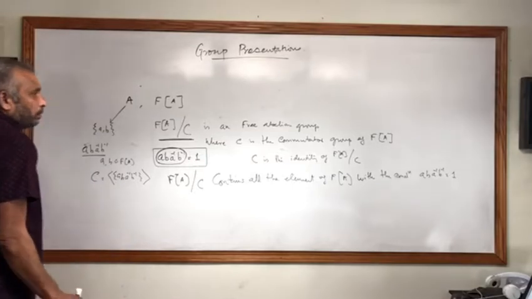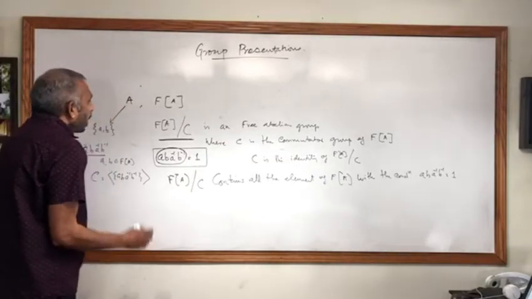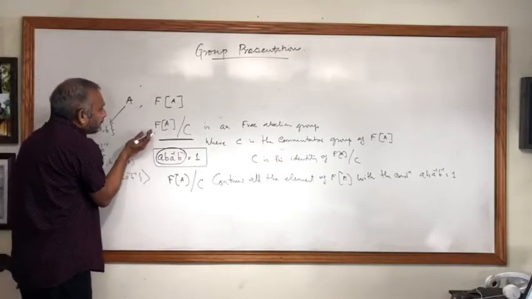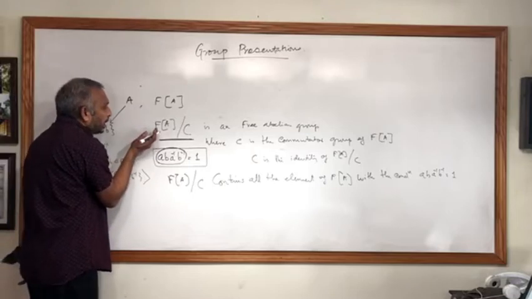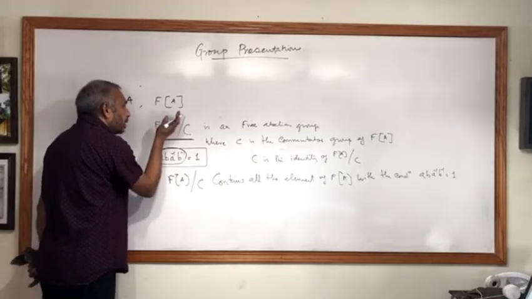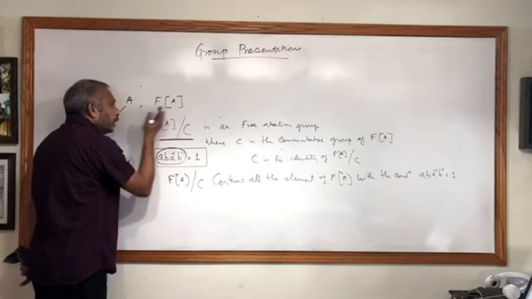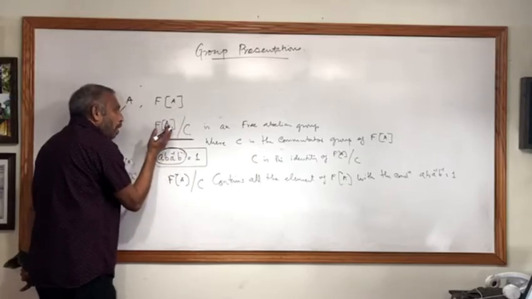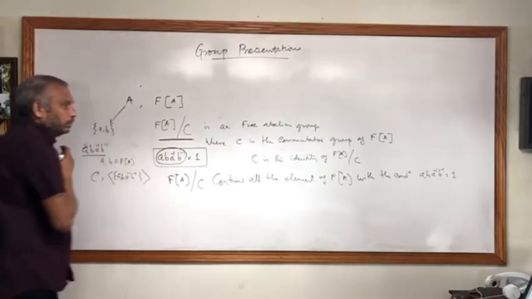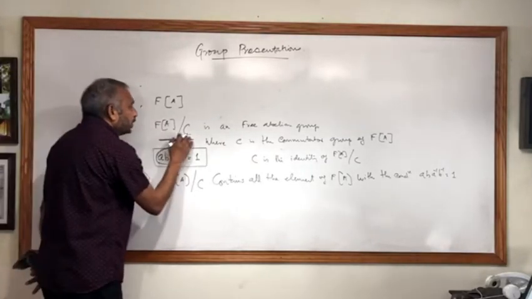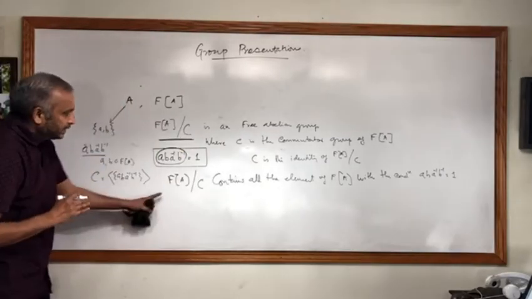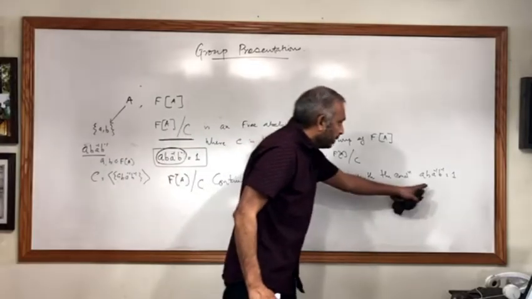Okay, so what we are doing here is that we are enforcing a condition on the elements of F of A to form a normal subgroup and take the quotient of that. And that is exactly what is happening here.